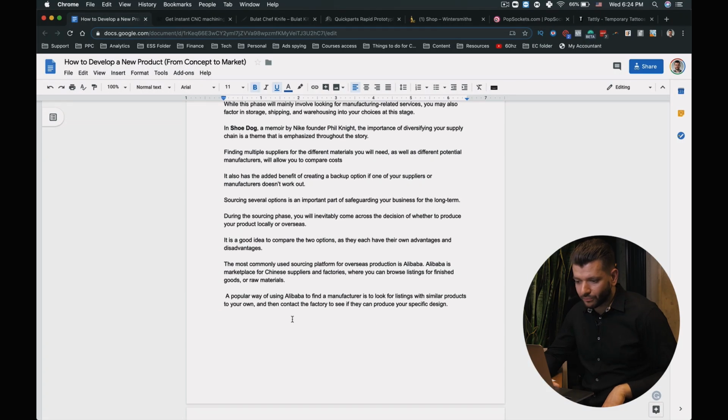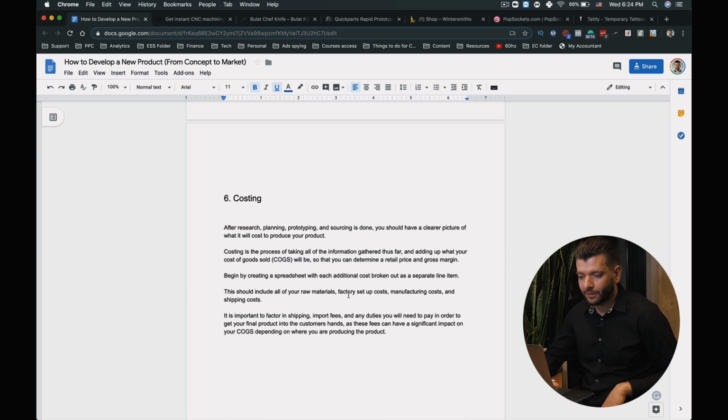And then on this stage, you'll also decide whether you will get your products developed in your local country or overseas. So a popular way is using Alibaba to find manufacturers, to look for listings with similar products to your own, and then contact the factory to see if they can produce your specific design. So this is one of the ways to do it, and that's how most people are doing it.